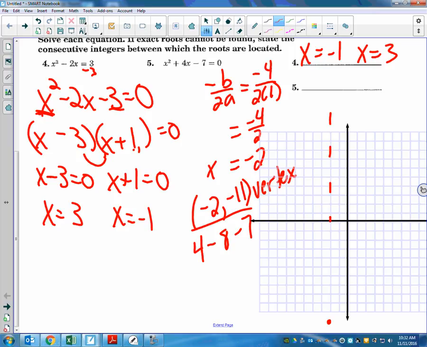I could kind of draw my line down here. What's my y-intercept of this one? -7. It's the one without an x. So I could do that. 1, 2, 3, 4, 5, 6, 7. I could flip it over. Kind of looks like number 1.